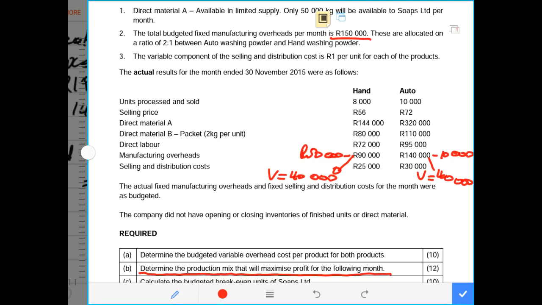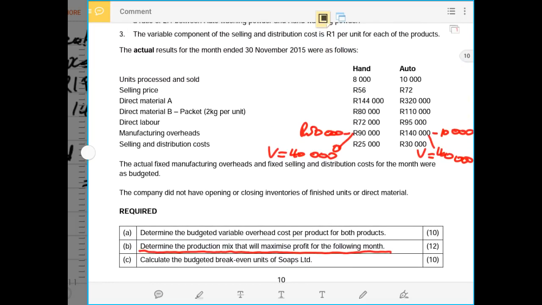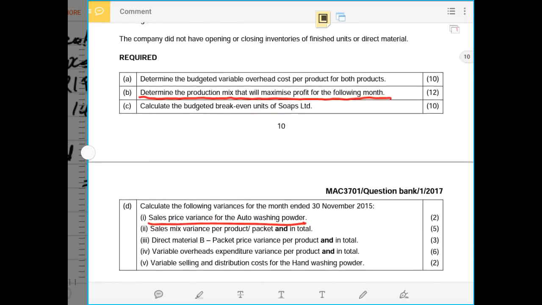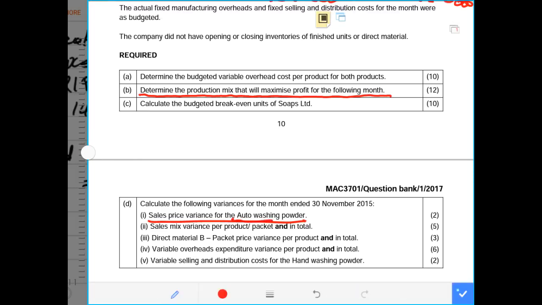So now we still need perhaps to calculate the variance for the variable manufacturing overheads to determine if we over or under estimated our variable manufacturing overheads. That analysis, I think, is enough for us to go to the first variance, which is the sales price variance. Sales price variance is very simple. It's only for the auto washing powder.